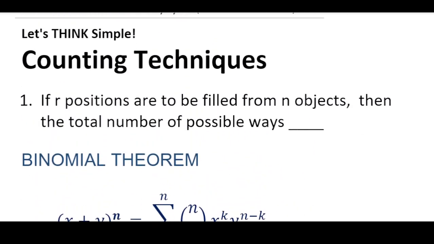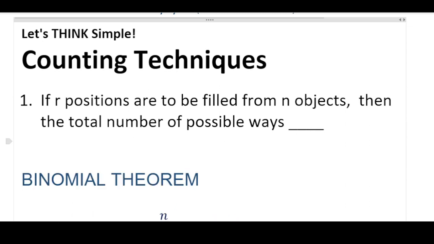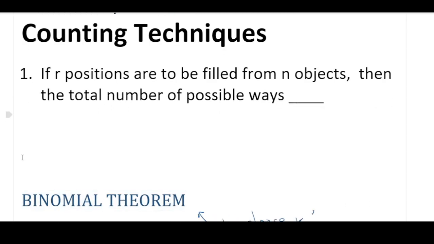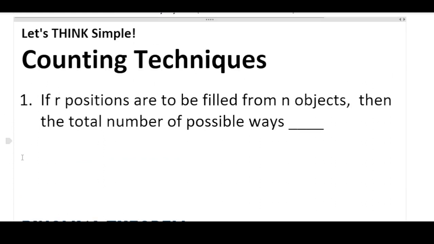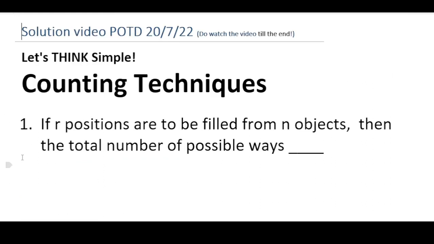In the first problem, it is very simple. Let's try to think over this. I'm having a total of r positions, a total of r places, which I can fill from a total of n objects.